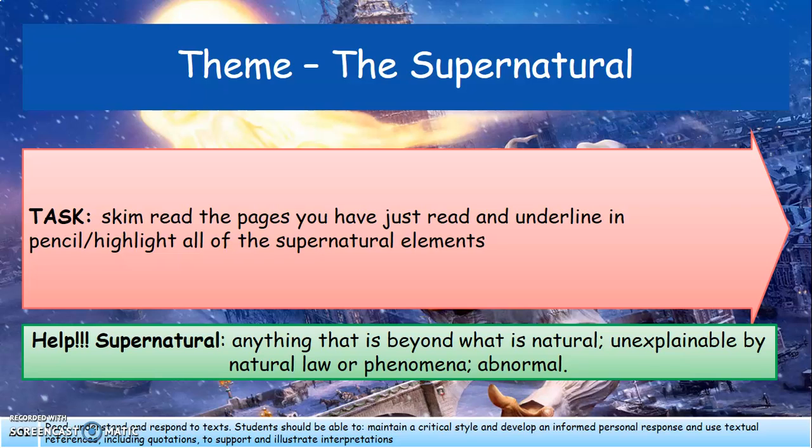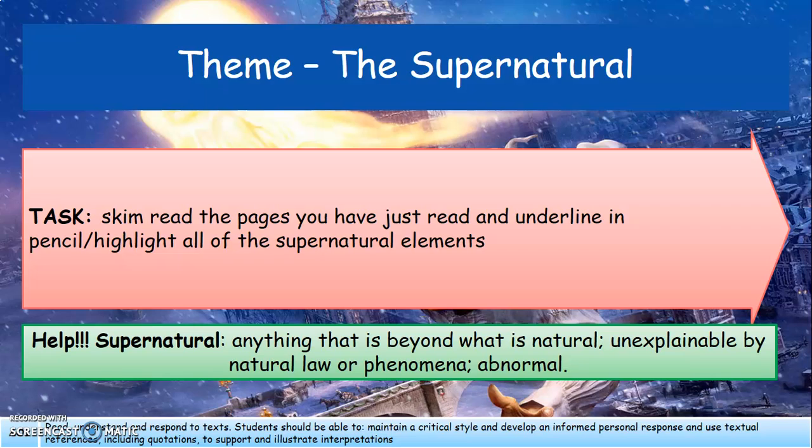Okay, so by now you've got an understanding of what actually happens, and now we're going to explore the supernatural elements. You've already seen some of those within the images just shown and what you've already read. So your task is to skim read the page you just read. So this is reading quickly, and underline in pencil or highlight all of the supernatural elements. I've given you what supernatural means here because I realise we keep going on about supernatural and I haven't told you what it means yet.